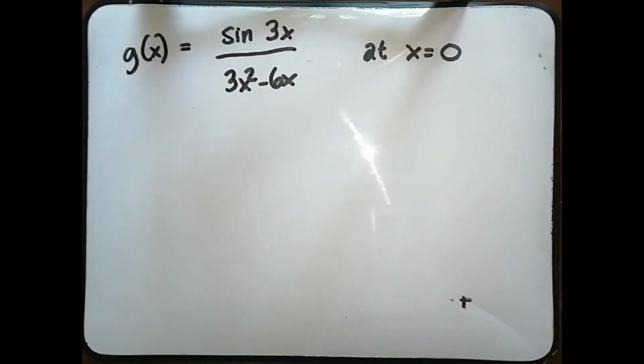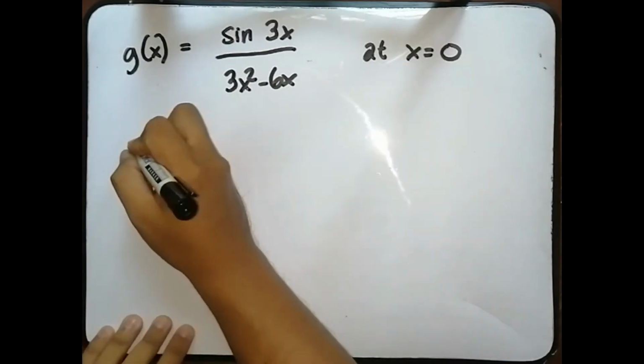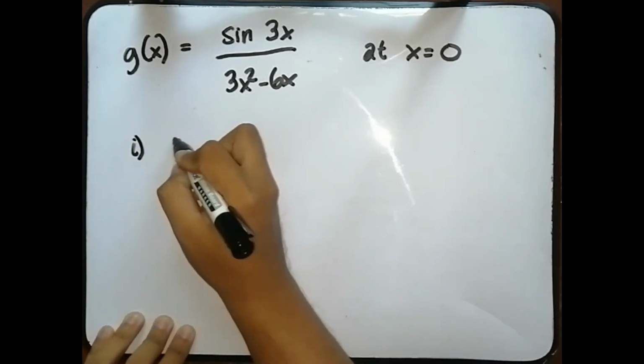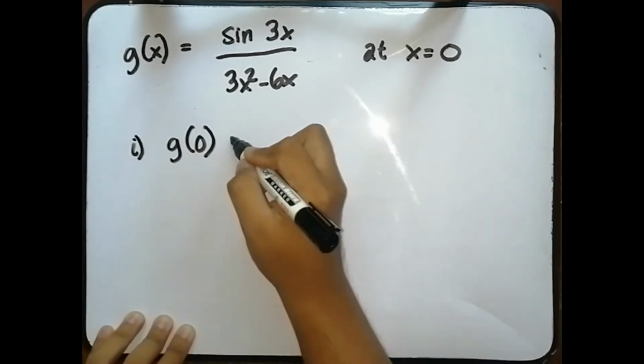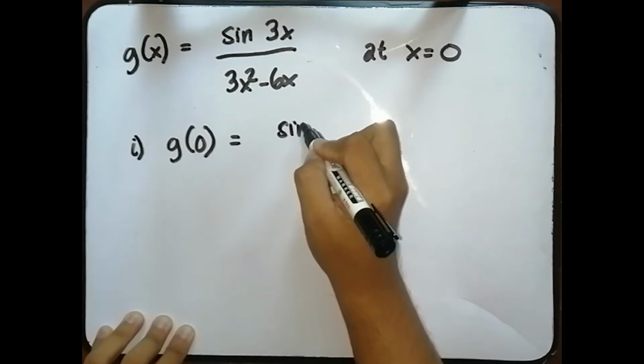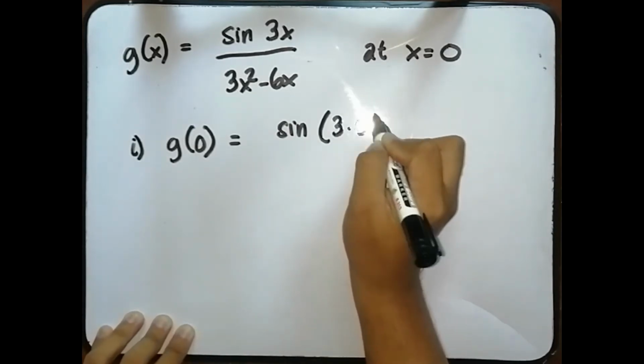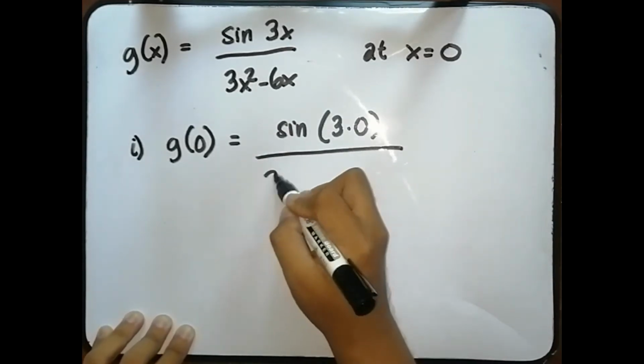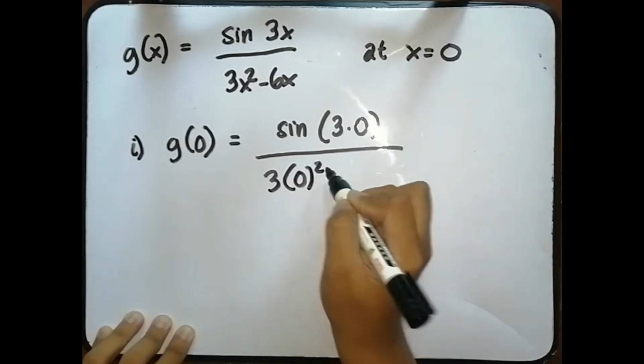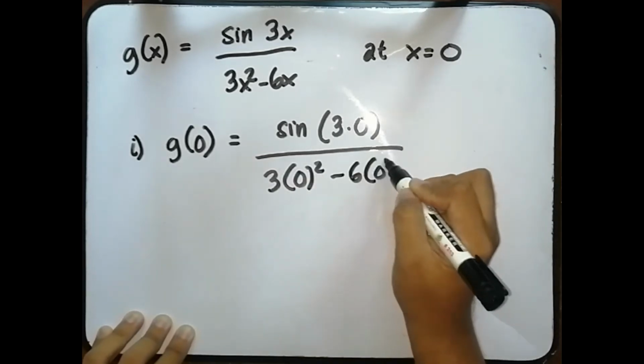Let's determine if the function g of x equals sine 3x over (3x squared minus 6x) is continuous at x equals 0. So first criterion, g of 0 must be defined. So we have sine of 3 times 0 over 3 times 0 squared minus 6 times 0.